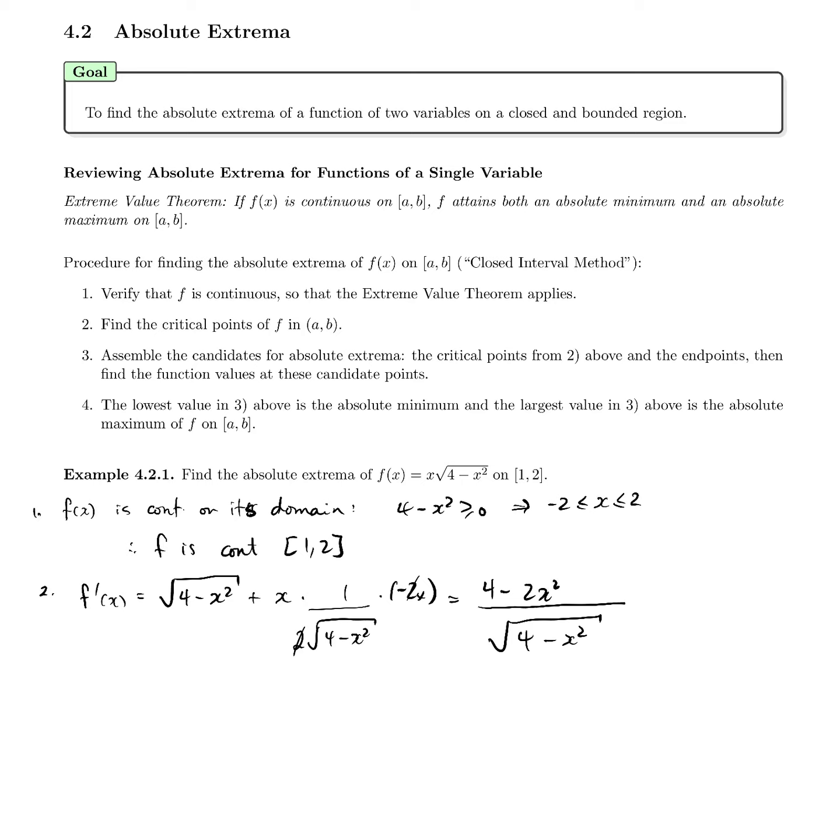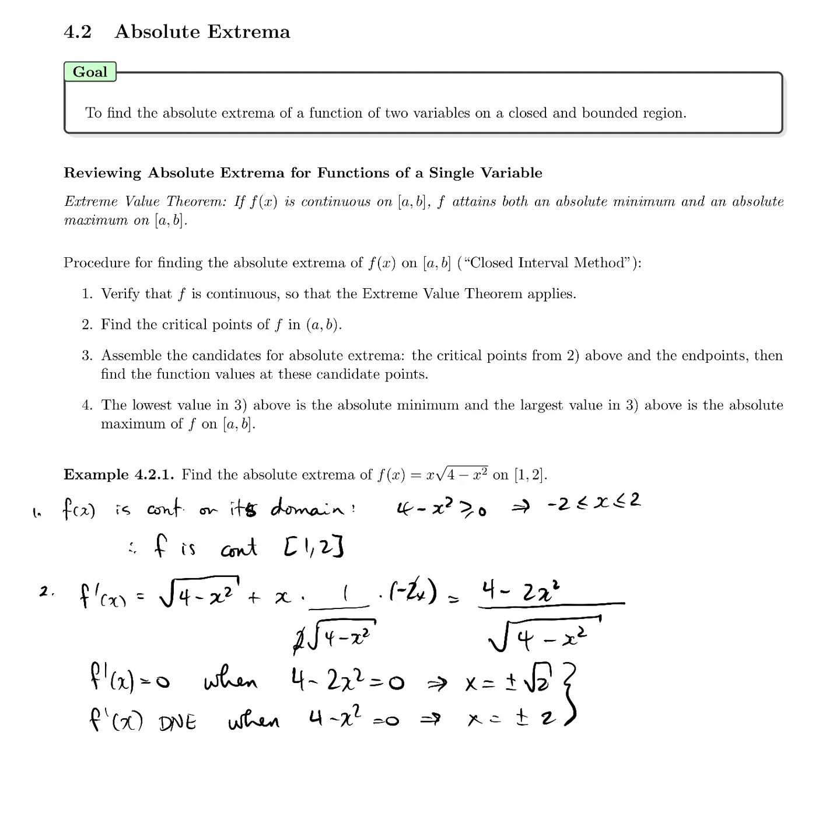So f prime equals 0 when the numerator is equal to 0, and that means that x is plus or minus the square root of 2. F prime does not exist when the denominator is equal to 0, which is when x is plus or minus 2.